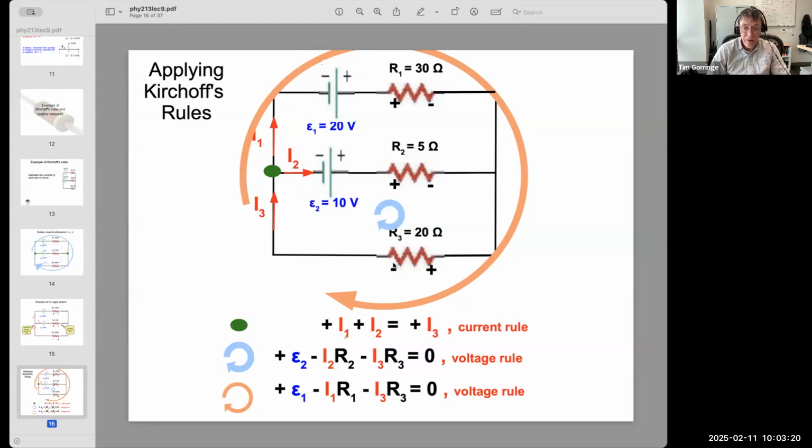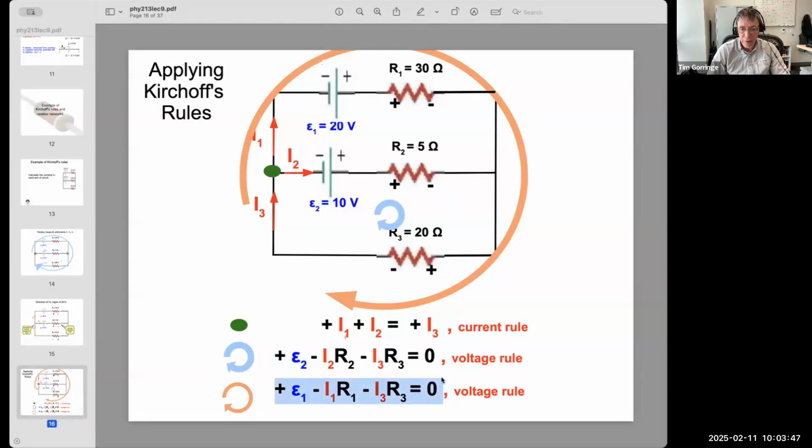Then at the bottom of the circuit you walk through the resistor R3, the 20 ohm resistor. You go down in potential, according to Ohm's law, by 20 ohms times I3. And that's exactly what I've written down here.